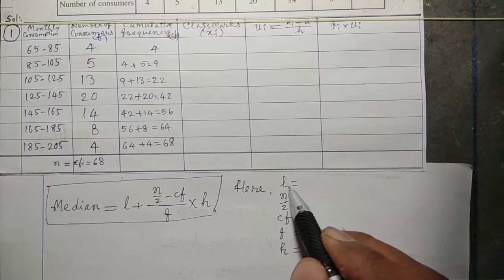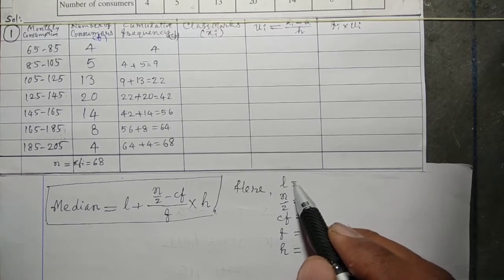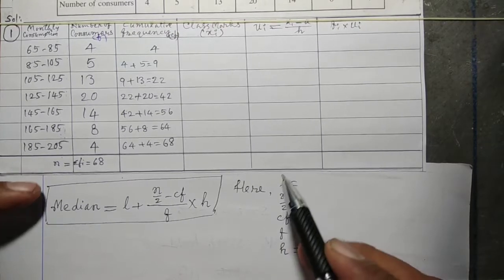What is L? Lower boundary of the median class. How to find the median class?